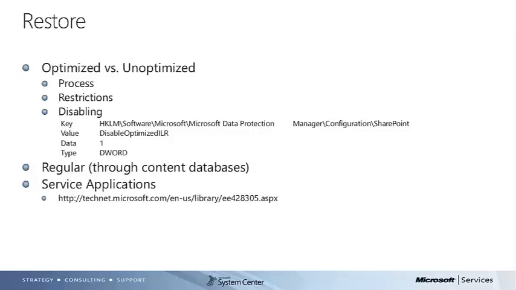The process for this is that in a regular restore in SharePoint 2010 or DPM 2010 of SharePoint 2010, we have your content database, which would have, in theory, a 1 megabyte Word doc that you need to restore.